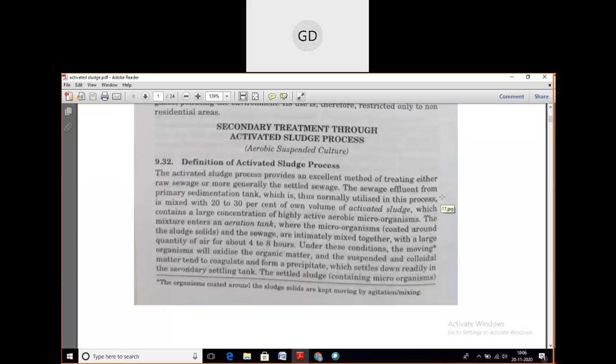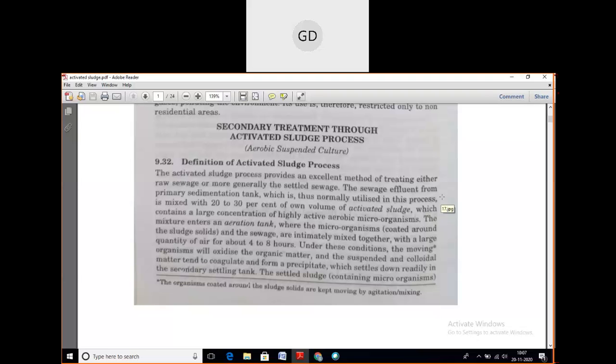The microorganisms oxidize the organic matter in the presence of oxygen, and then the effluent from that aeration tank is sent to a secondary settling tank. In that tank, at the bottom, some sludge is produced, or sludge is formed. That sludge is known as activated sludge.